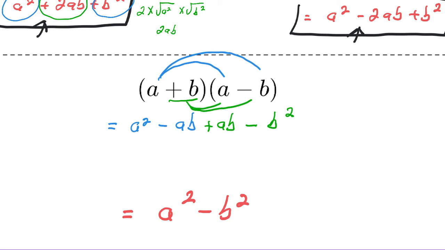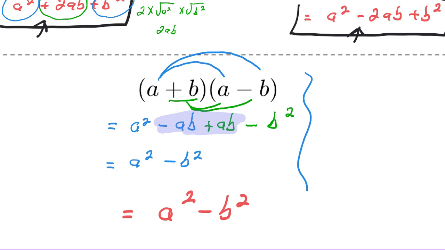And in each and every case, when you are doing a difference of squares, the middle terms of the expansion will cancel out. So a negative ab plus ab becomes 0. And so the result is a squared minus b squared.